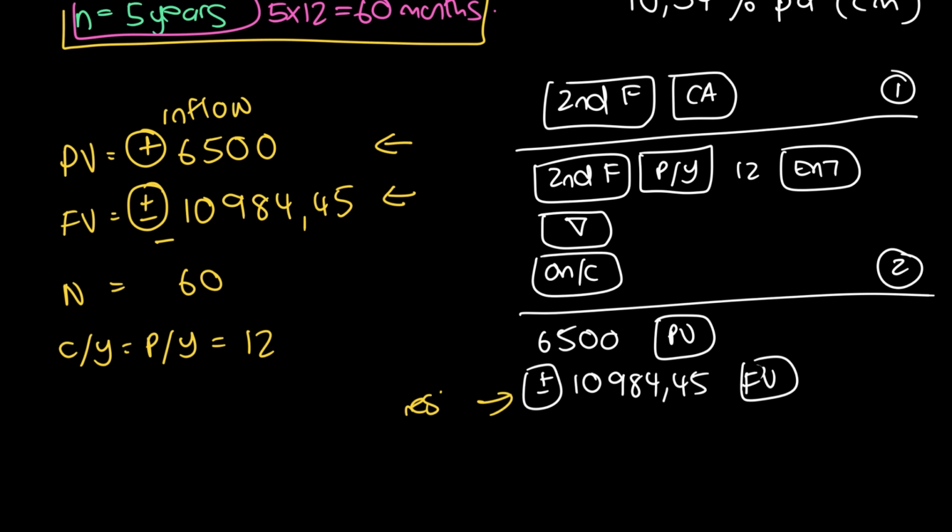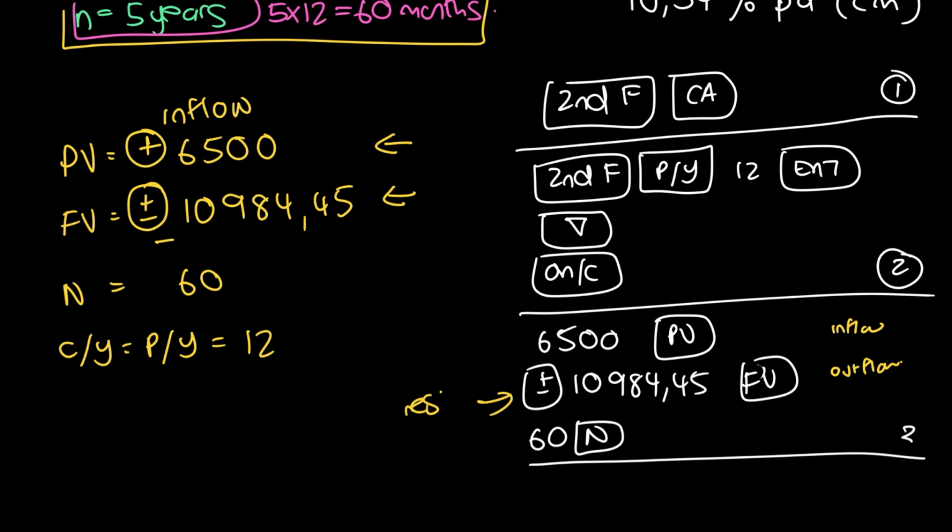So our present value is an inflow of money and our future value is an outflow of money. Then we have our N, which is 60. And then we finished stage 3.